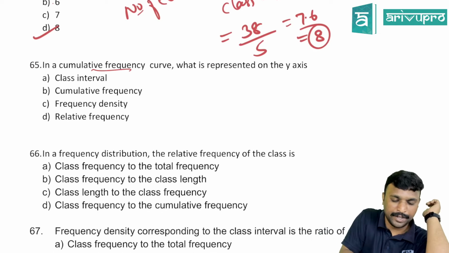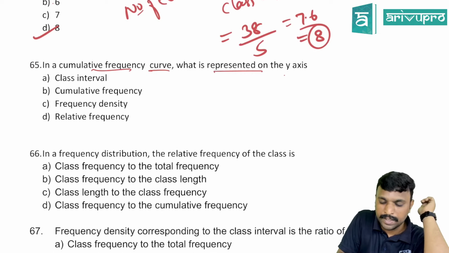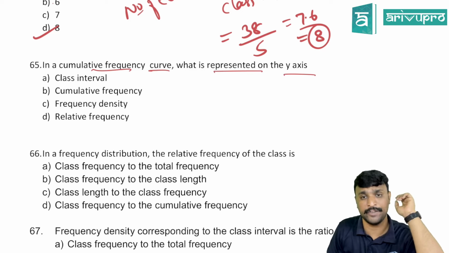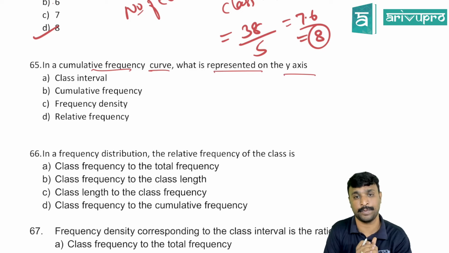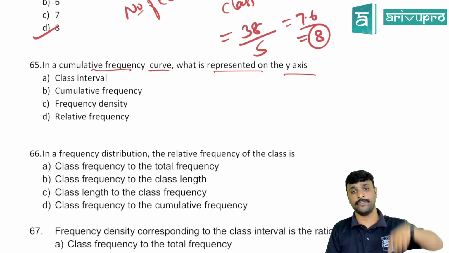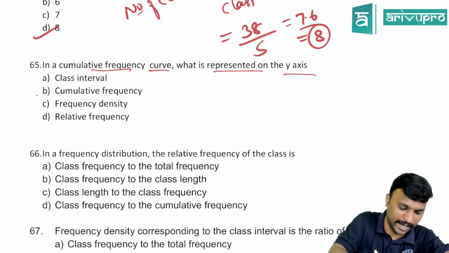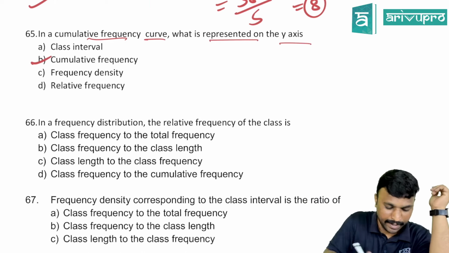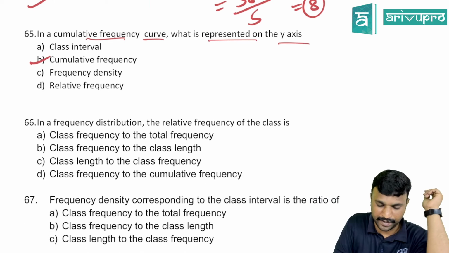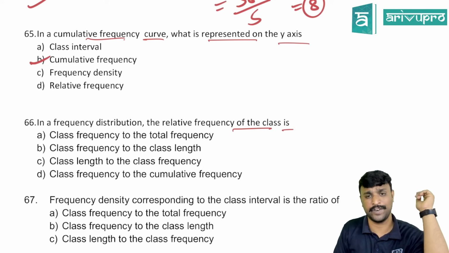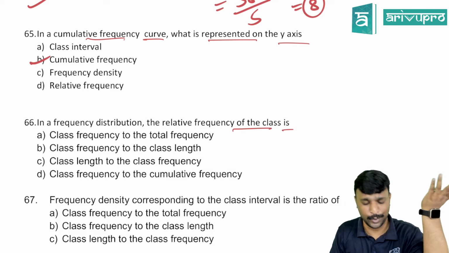Guys, in a cumulative frequency curve, what is represented on the y-axis? Guys, cumulative frequency curve is a graph obtained by taking cumulative frequency on the y-axis and class boundaries on the x-axis. Definitely option B is the answer. In a frequency distribution, the relative frequency of the class is, what is relative frequency? Class frequency divided by total frequency.